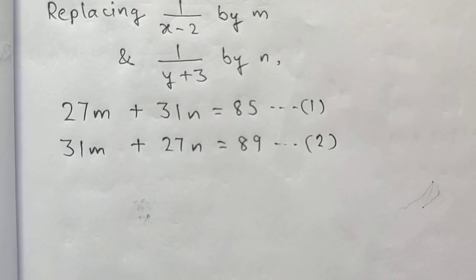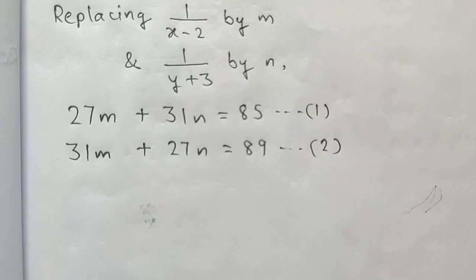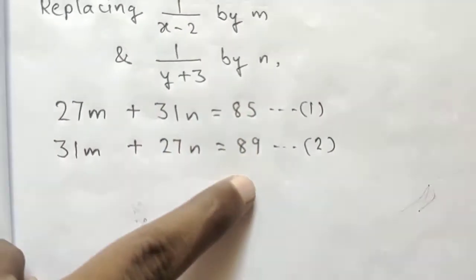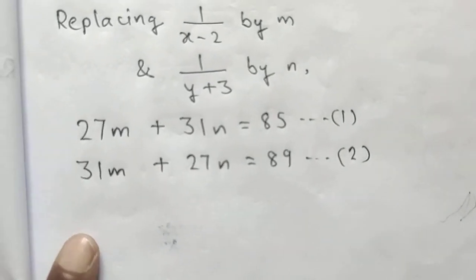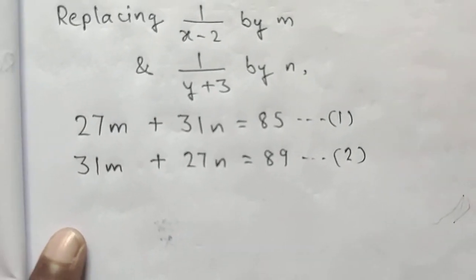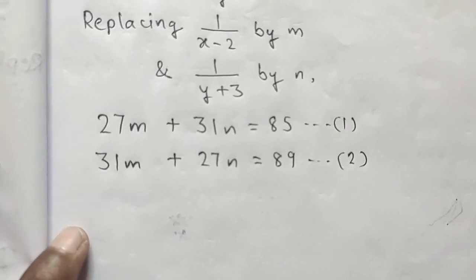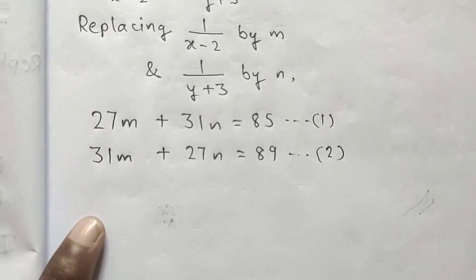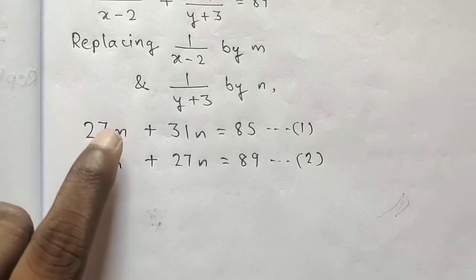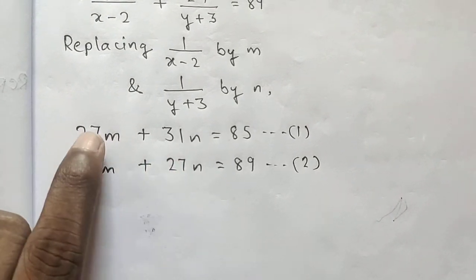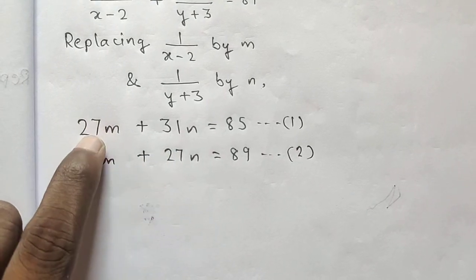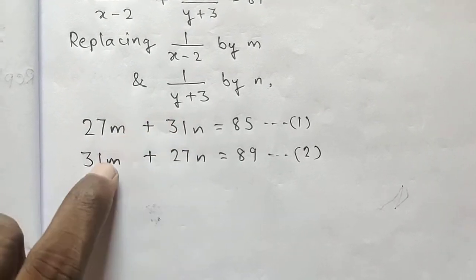You can use Cramer's rule, but see the numbers are bigger: 27, 31, 85, 89. So it will be a little difficult to solve by Cramer's rule because multiplication will be a little lengthy. Now what is the method for solving this? See, the coefficients of m and n are swapped in these two equations: 27, 27, 31, 31.